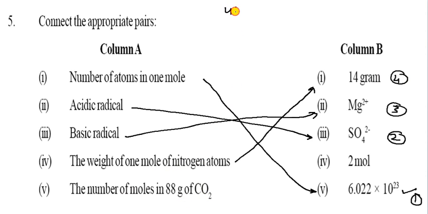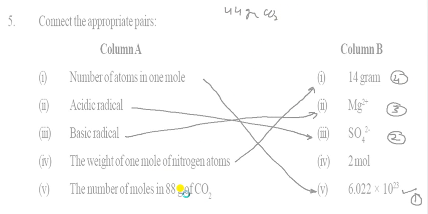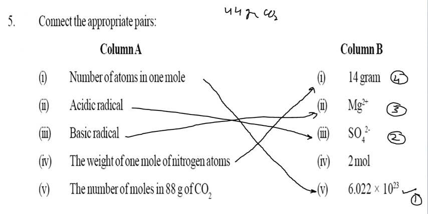As you know, 44 gram of CO2 is equal to 1 mole. So 88 has 2 moles, so you can write here 2 mole. So this will go to the fifth number. So that is the matching of column A and column B. You can write very well.